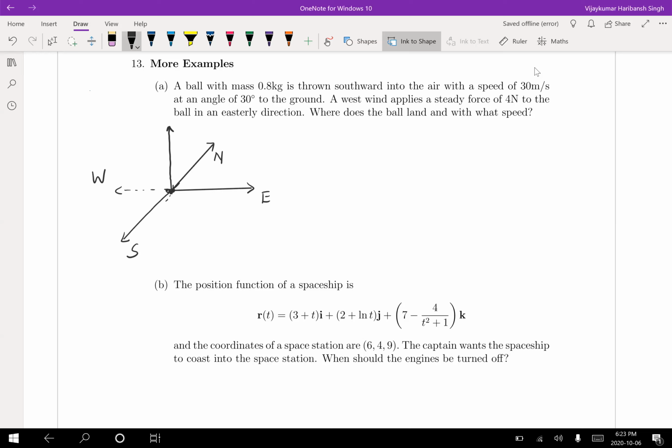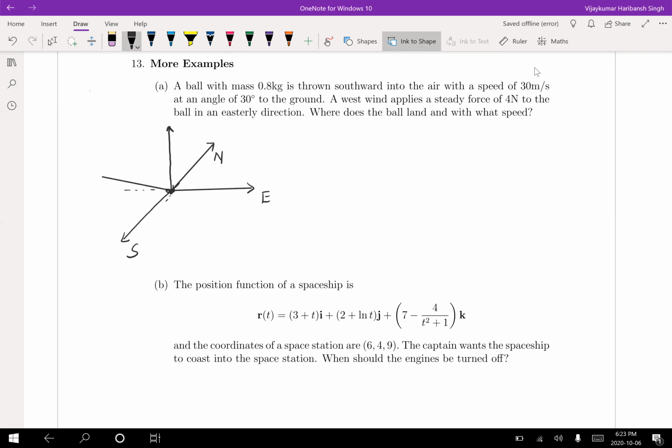Now, it's shown that the ball is thrown upward into the air with a speed of 30 meters per second at an angle of 30 degrees to the ground. So this is where the ball is thrown, and it makes an angle of 30 degrees. To be slightly more accurate about the 30 degrees, I should draw it.